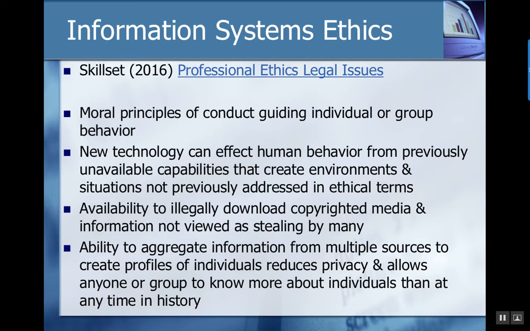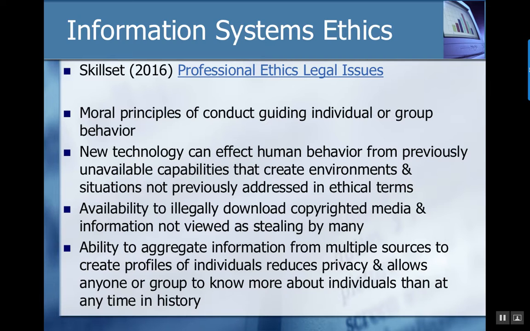All right. So, for example, if we take things like copyright, we'll talk about copyright in a minute, the ability to illegally copy, download and access copyrighted material was not really seen as stealing. However, it very much was that, under the way the law is established.